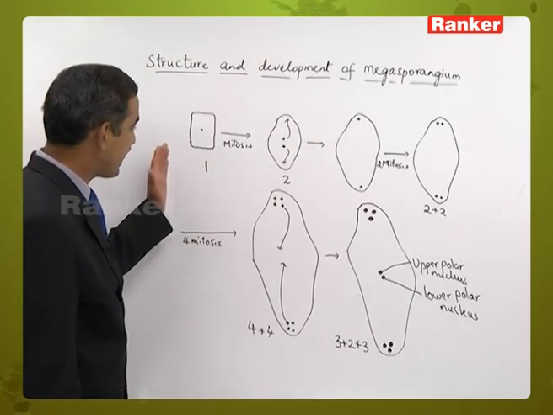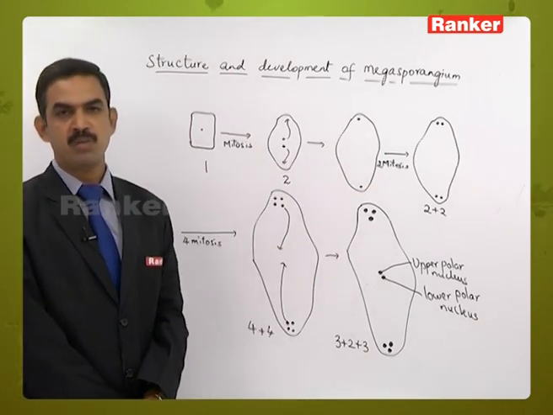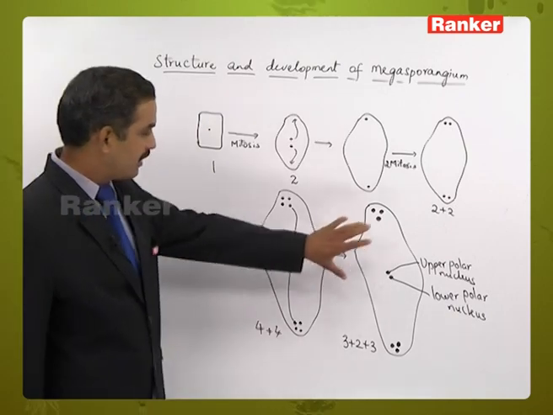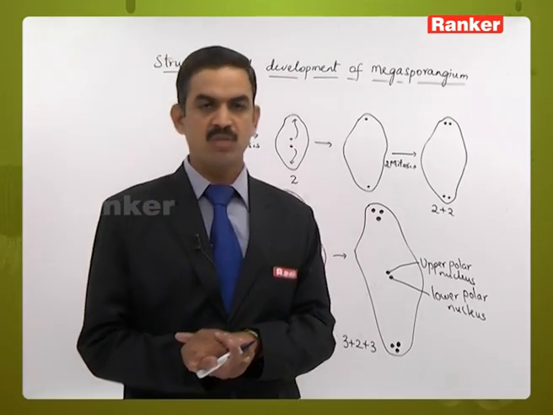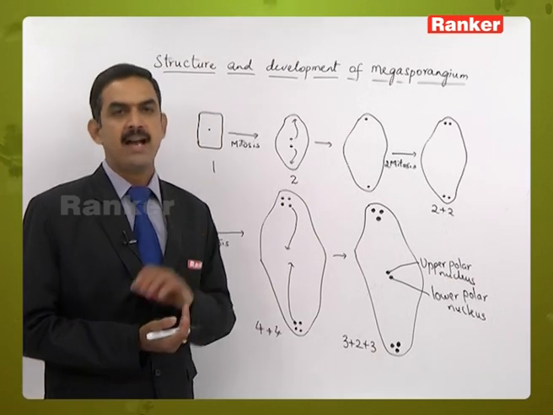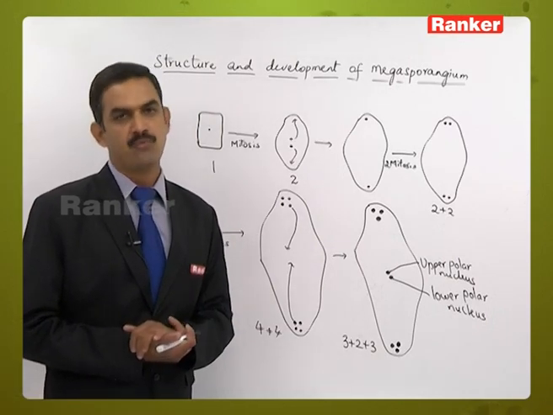So these are the changes that we are observing in the development, or formation, of the embryo sac. Now each of the nuclei will accumulate a little amount of cytoplasm and cell wall and be converted into a completely developed embryo sac or female gametophyte.